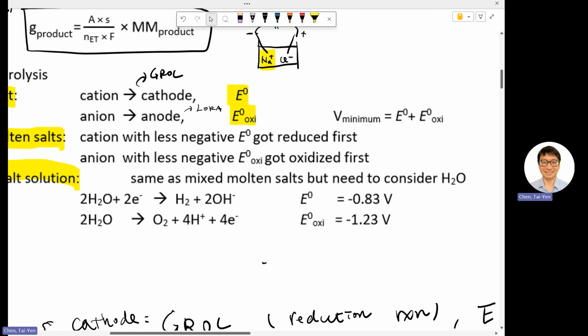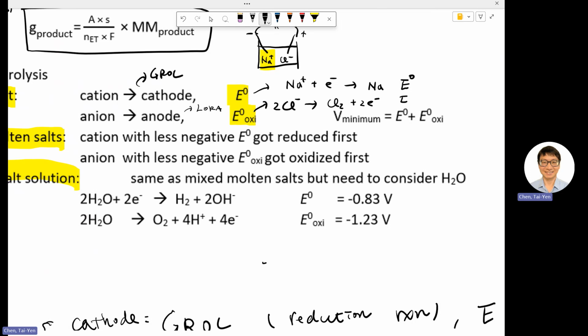Put it into this example: this is the reduction potential of your sodium. Sodium plus electron becomes sodium, and you will need to know the reduction potential for that. For the oxidation, your Cl minus is going to lose electrons. So Cl minus will become Cl2, giving you 2 electrons.